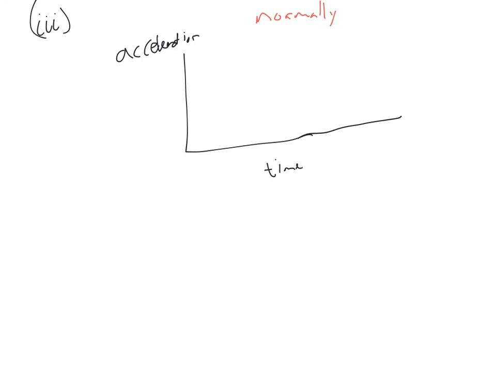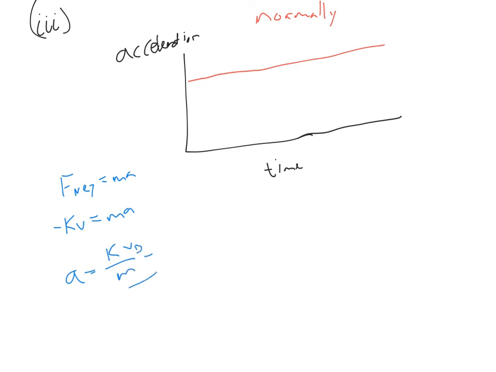The acceleration should be constant. In a case like this, though, using F net equals ma, negative kv equals ma. Now I dropped the negative because remember, the negative is just a direction, and this is specifically asking for the magnitude of the acceleration.